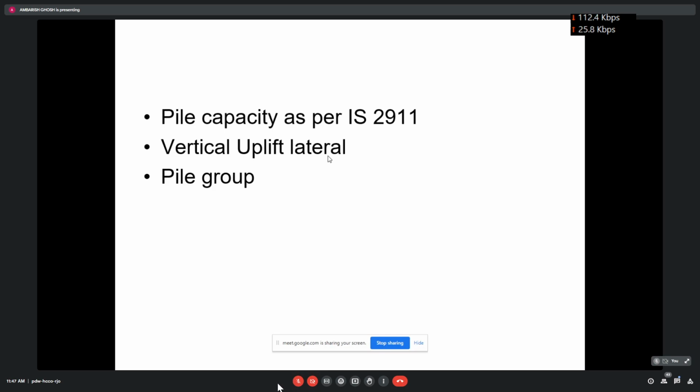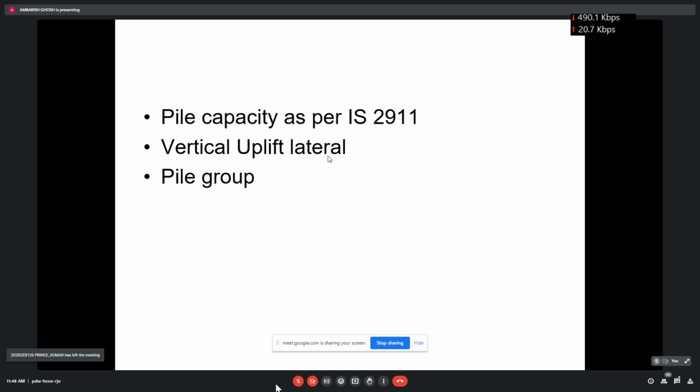Intake structure means there will be hydrodynamic loads, so lateral loads are likely to be more. In bridges also, lateral loads will be coming. Then in high-rise buildings, due to wind and earthquake, lateral load will come, and tension generally will be coming. In transmission towers, high-rise structures are mostly governed by the wind, and huge lateral load comes, and some piles will be subjected to compression and some to tension.